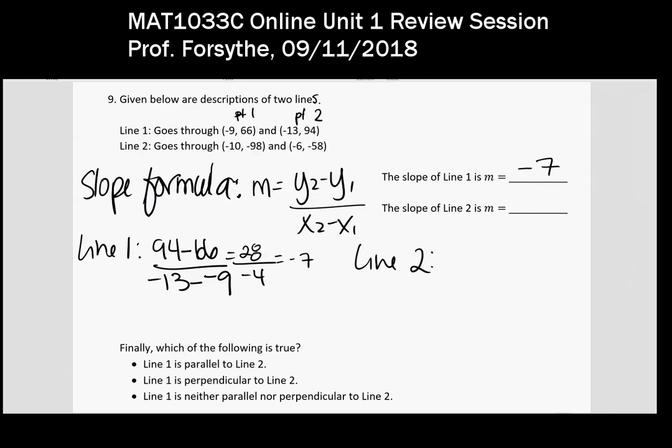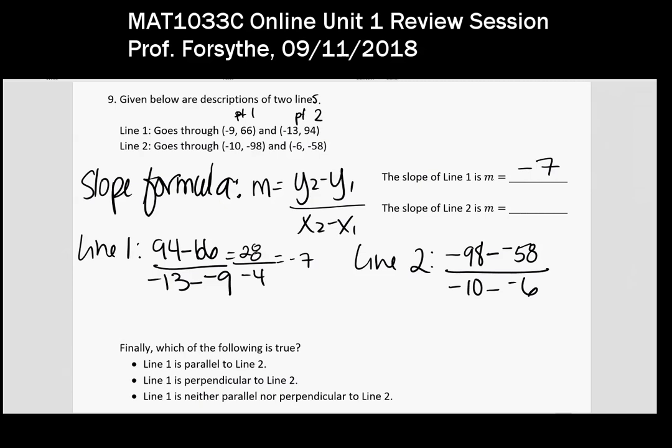Now keep in mind, it doesn't matter what order you subtract the numbers as long as you're consistent. So for line 2, I could subtract my y values, negative 98 minus negative 58, over my x values, negative 10 minus negative 6. You just have to be consistent.